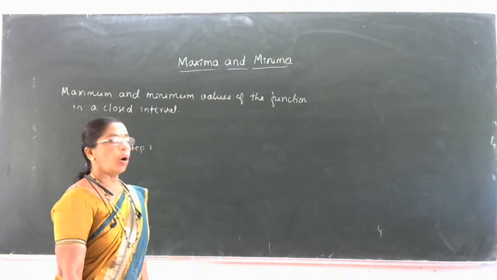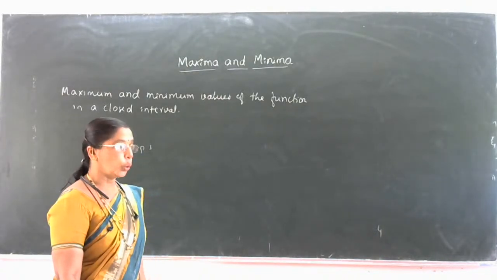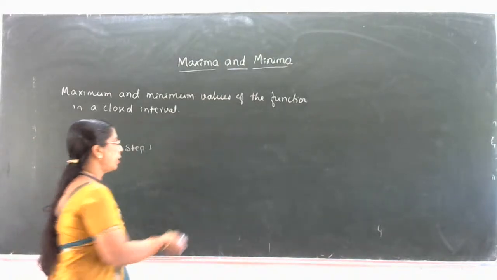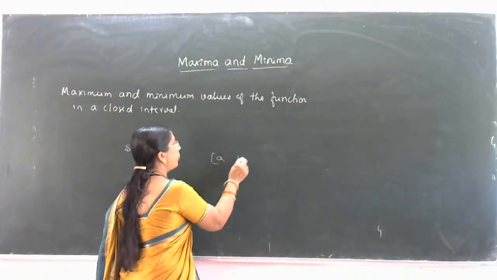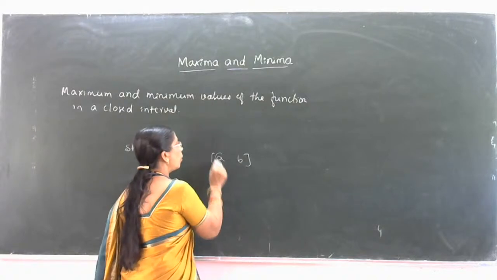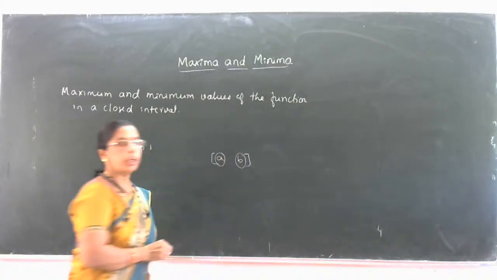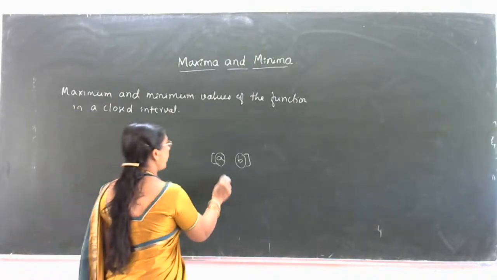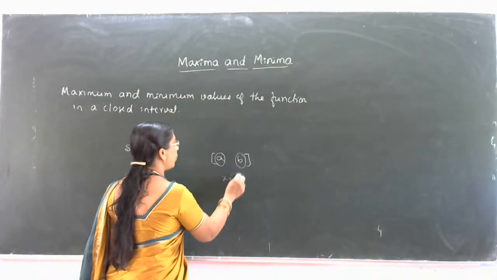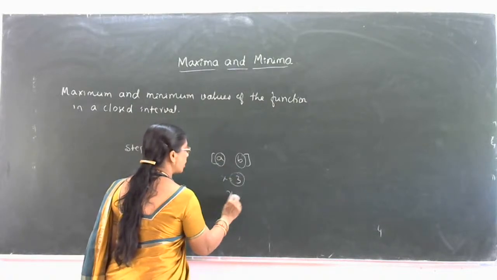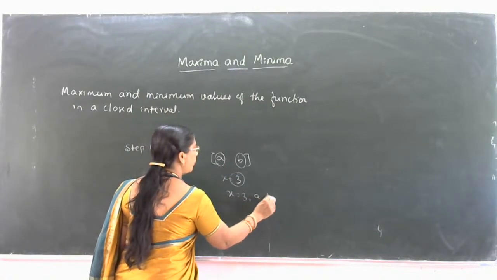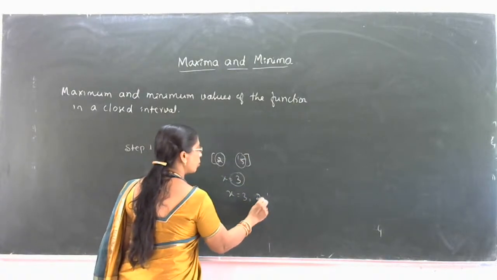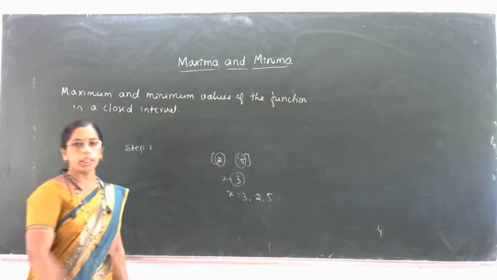It may be 1 or 2 or 3. Then, including these, we take the interval points also. If it's a, b in the interval, we take a, b also. If x equal to 3 is a critical point, then including these 2, x equal to 3, a, b. If it is 2 and 5, then 2 and 5 are also included here. These 3 are the critical points.